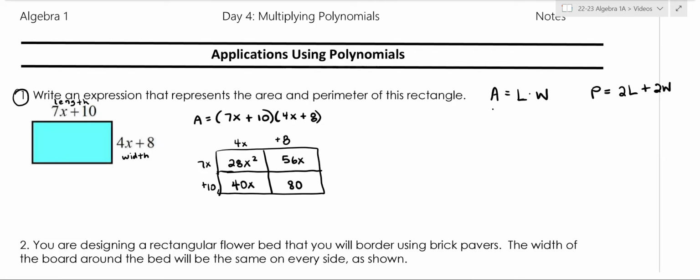Now, do we see any like terms? Yes, we do, right here. Both of them are positive, so 56 and a positive 40 together make 96. So the expression for the area is 28x squared plus 96x plus 80.